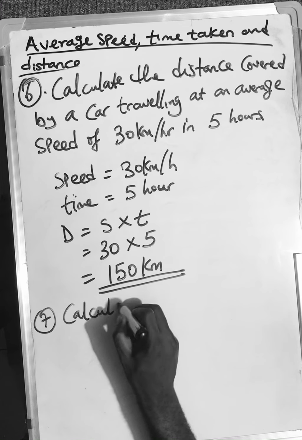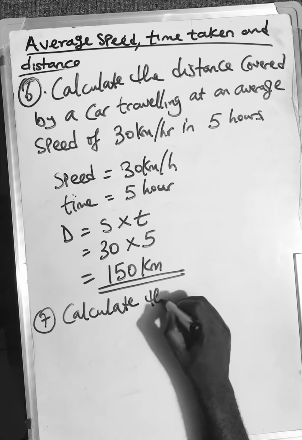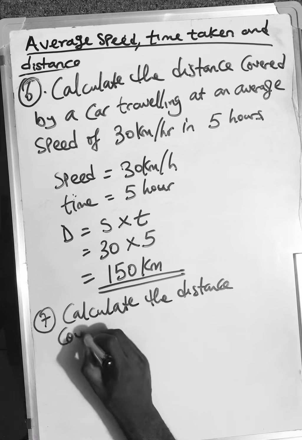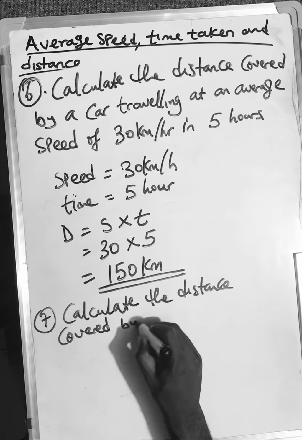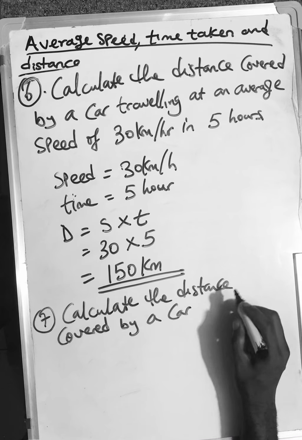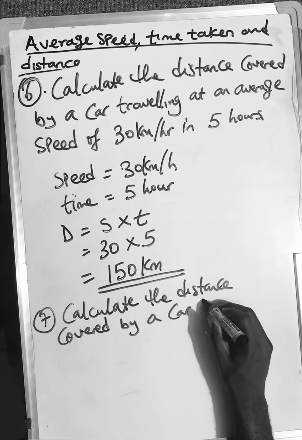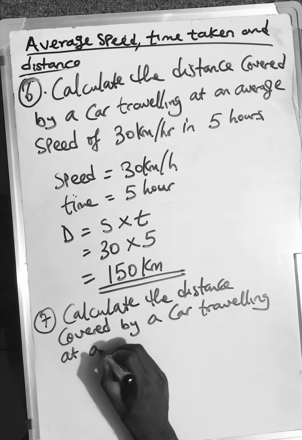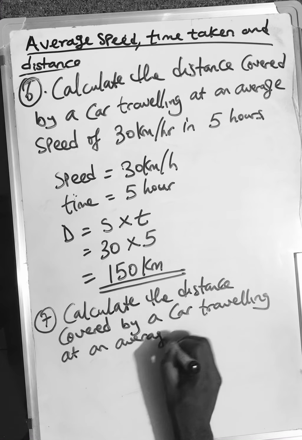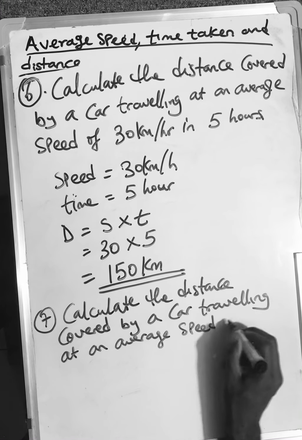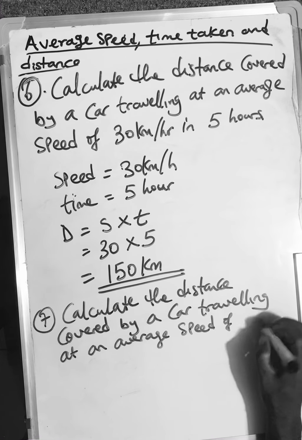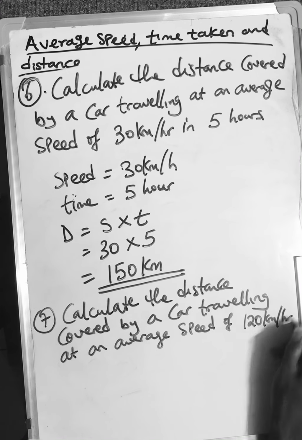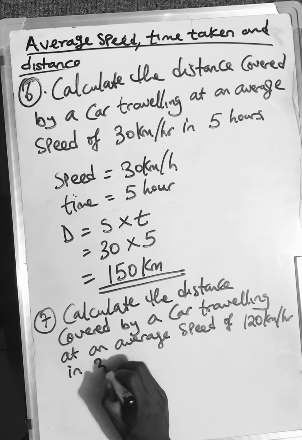Calculate the distance covered by a car traveling at an average speed of 120 kilometers per hour in 3 hours.